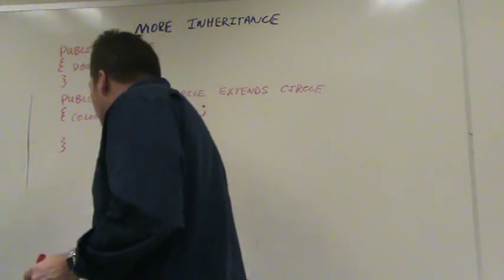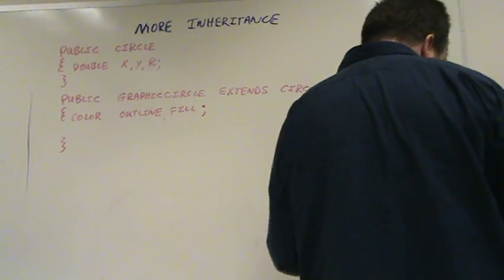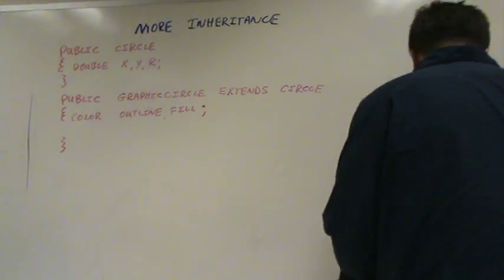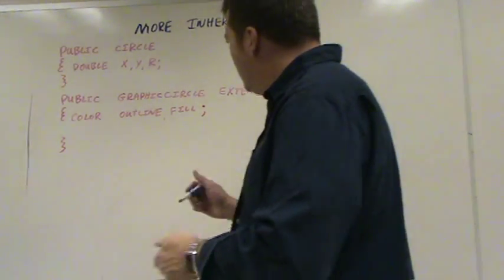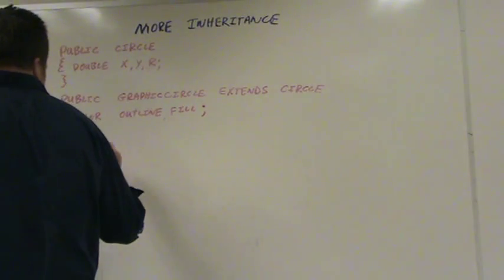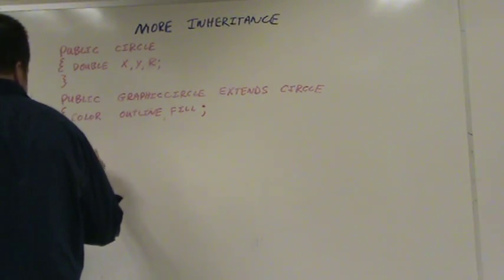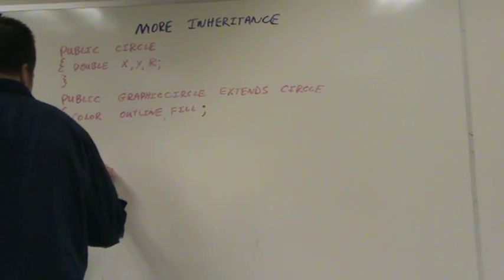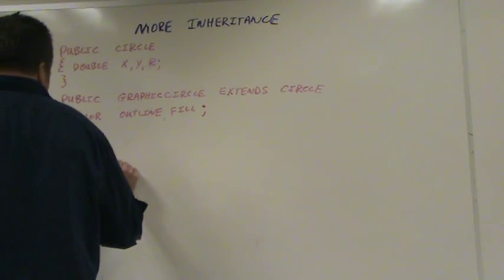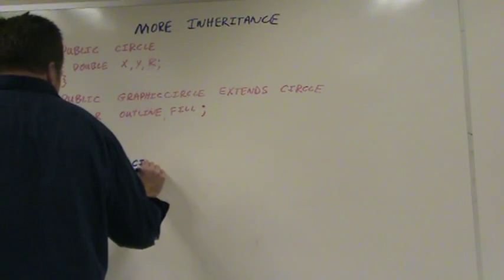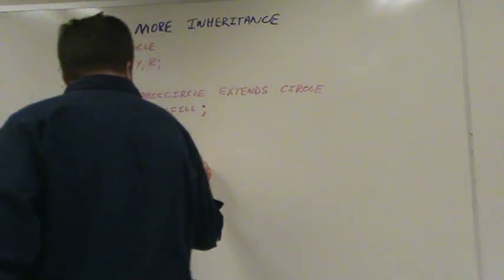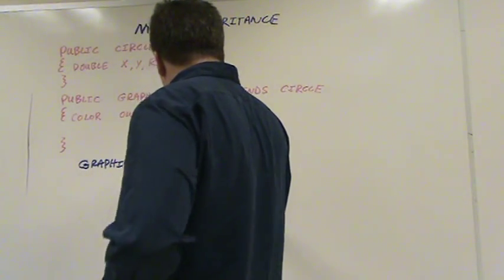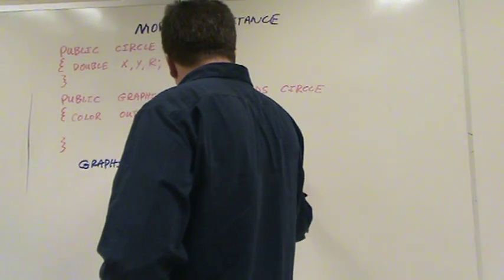So now if we decided later on we wanted to declare a graphic circle, we could do this. We could say graphic circle GC equals new graphic circle.